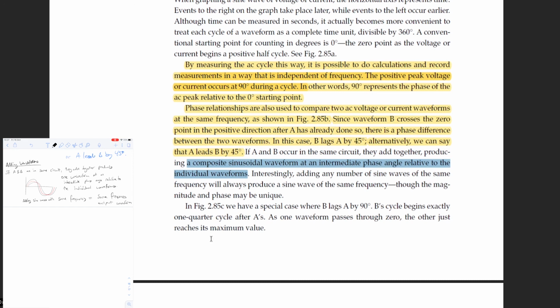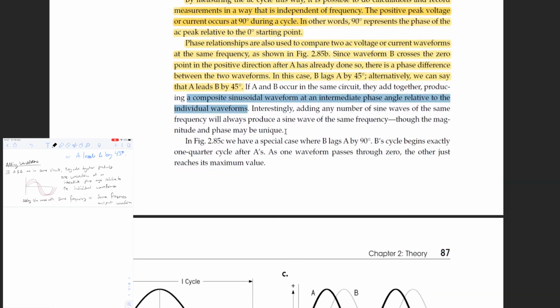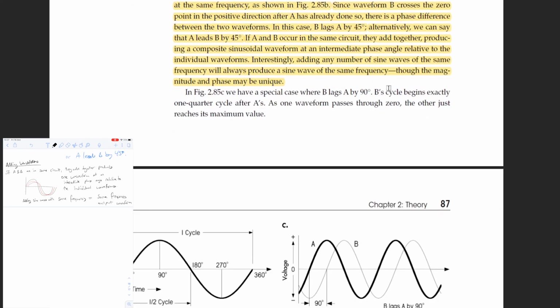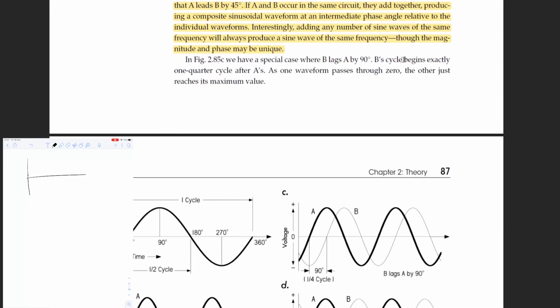Okay. In figure 2.85c, we have a special case where B lags A by 90 degrees. B's cycle begins exactly 1/4 after A's. As one waveform passes through 0, the other just reaches its maximum. Okay, and then let's duplicate it.